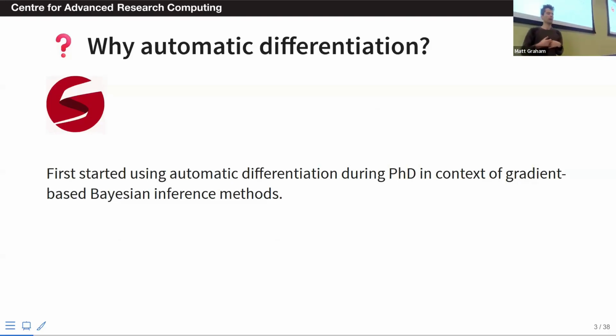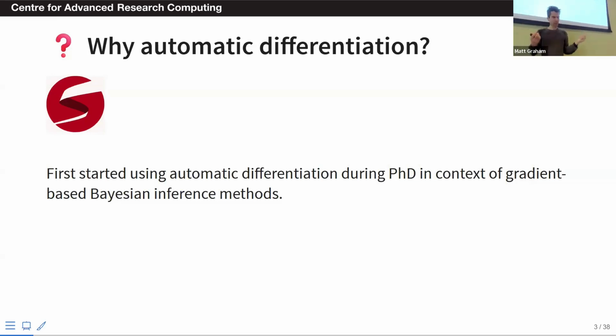So that's just to give a little bit of an overview of where I'm coming from for this problem. But why am I talking about automatic differentiation specifically? I mentioned there that I first started using autodiff tools during my PhD, specifically in the context of my research project, which was developing these gradient-based, derivative-informed methods for fitting probabilistic models to data and getting distributional estimates of the parameters of those models.